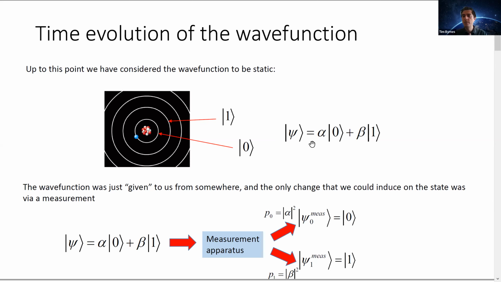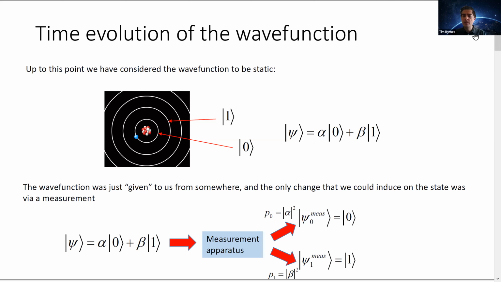We've always just talked about here's the wave function, and we're performing various operations like taking the expectation value, or performing a measurement on it, but nothing was ever really changing in time. That's the new thing that we're going to include today: the wave function is going to change in time.